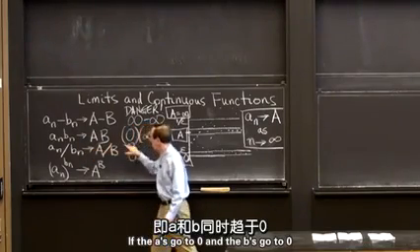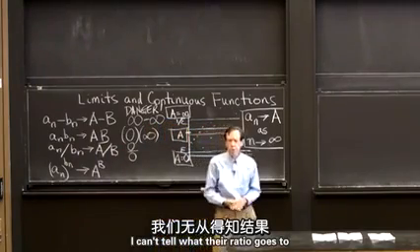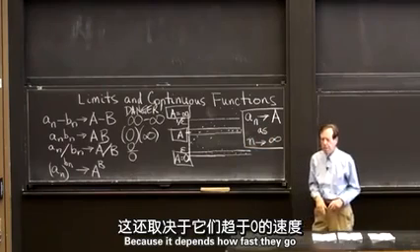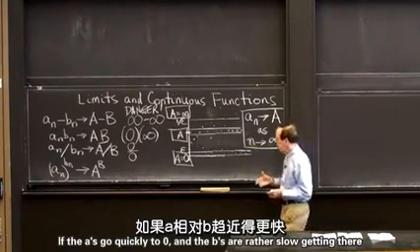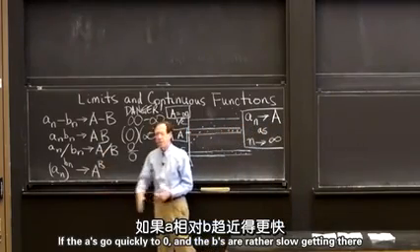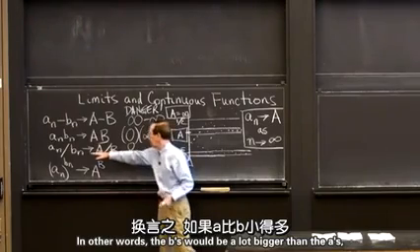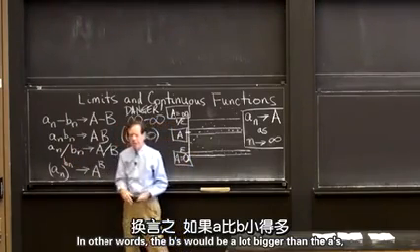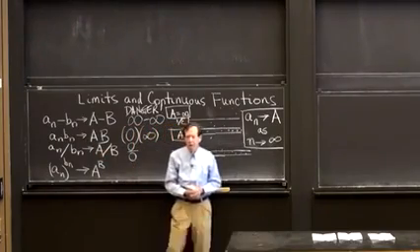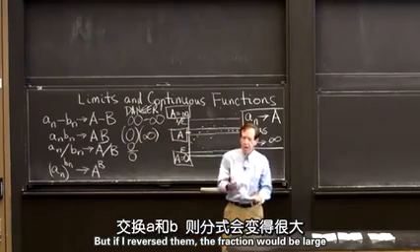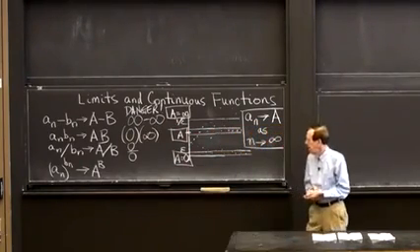If the A's go to 0 and the B's go to 0, I can't tell what their ratio goes to, because it depends how fast they go. If the A's go quickly to 0 and the B's are rather slow getting there, in other words, the B's would be a lot bigger than the A's, even though both are going to 0, then the fraction would be small. But if I reverse them, the fraction would be large. So I think 0 over 0 is a danger.